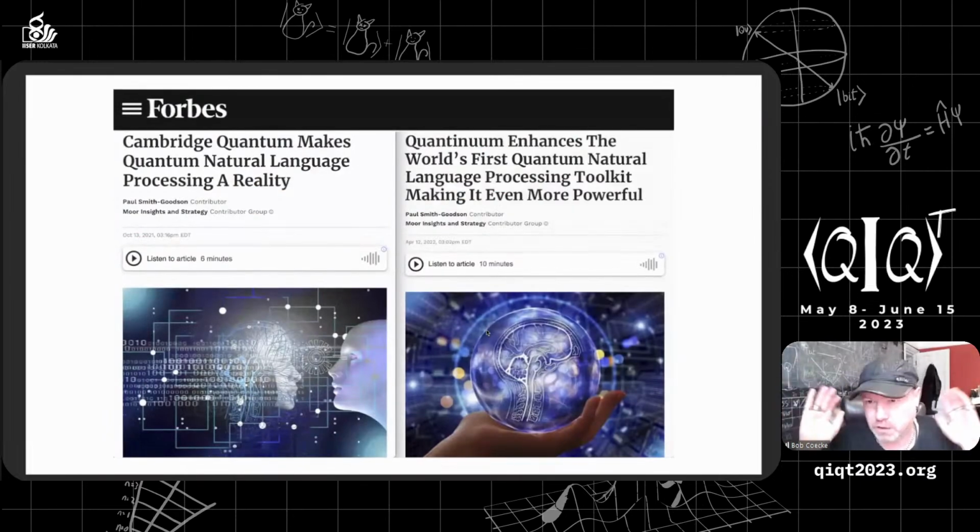So everybody can now go home and do quantum natural language processing themselves. You use our software, which is open source, and one of the freely usable IBM quantum computers, or a simulator if you want.